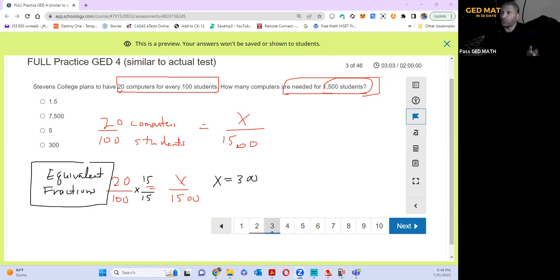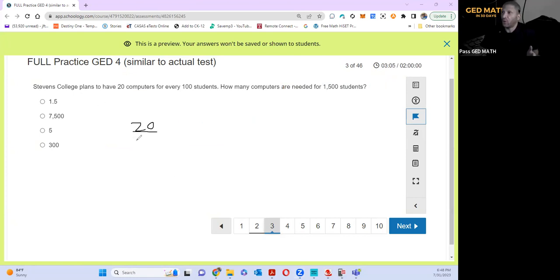The second way, again, 20 over 100 is equal to X over 1,500, is finding the unit rate. What it tells you is it's 5 students for every computer. How do I know that?